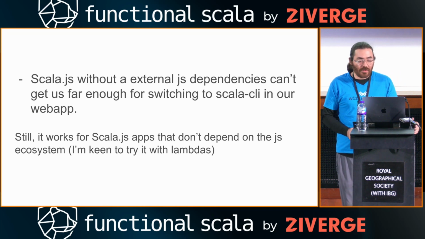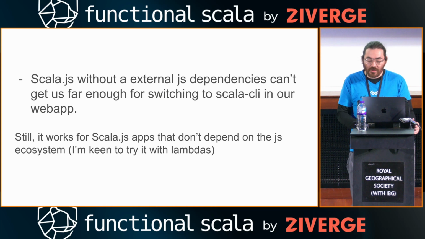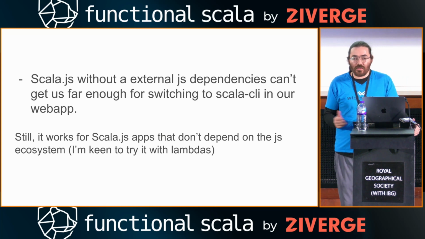So sbt, the Scala.js bundler, is the thing that we commonly use, but anyway. There might be a way to get it working, but I haven't actually put the time into writing another wrapper or whatever. But if you manage to use only Scala dependencies, only Scala.js dependencies, you should be able to get away with this and use Scala.js with the Scala-CLI only.